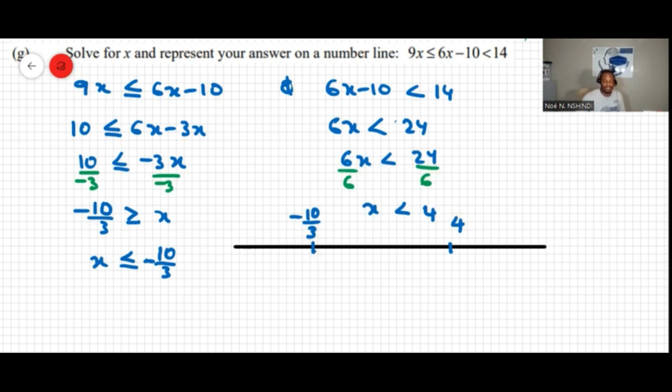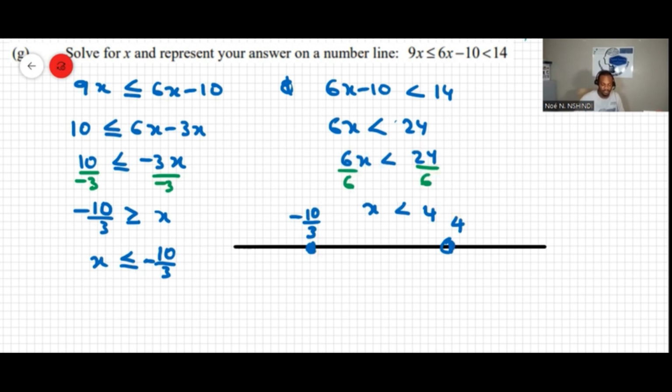This answer says lesser than or equal to negative 10 over 3, so this part is filled in, and then there it says lesser than 4, meaning I place an open circle there.